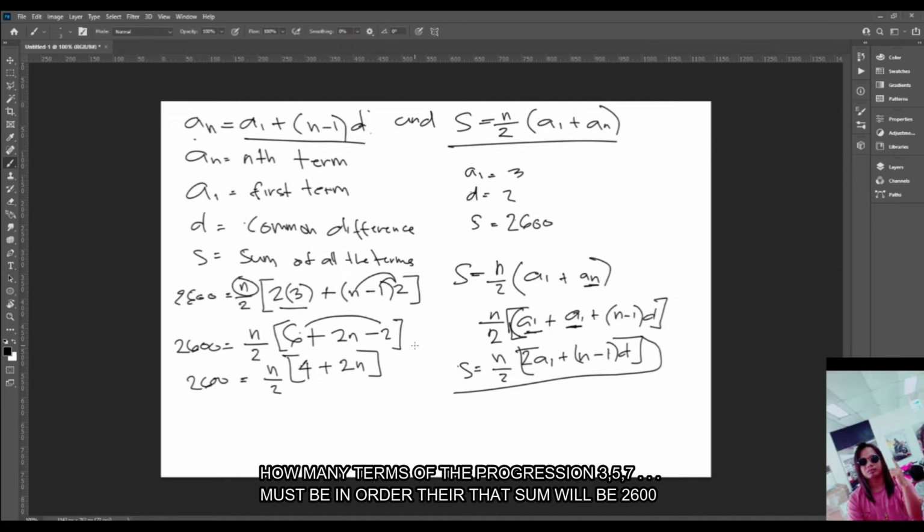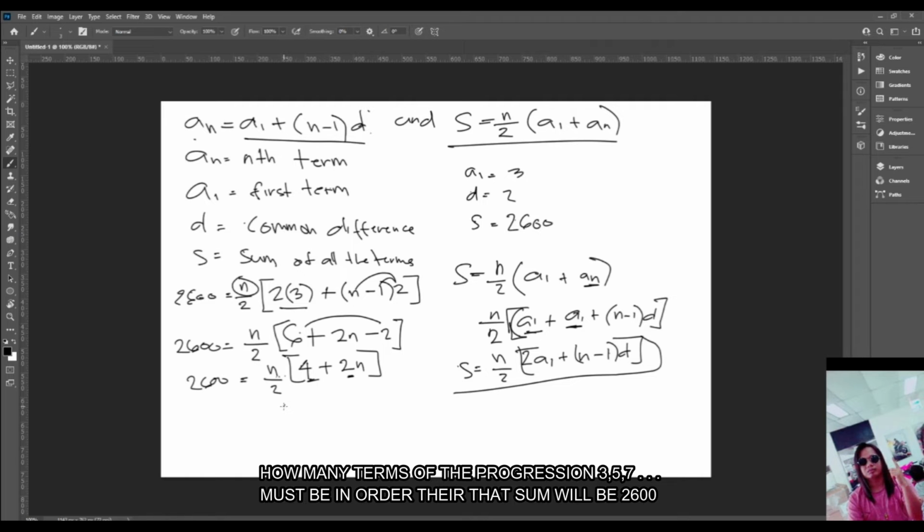I'm showing it one by one, guys, so you will see. Since you cannot add the 4 and the 2n because they are different terms, you can multiply instead.